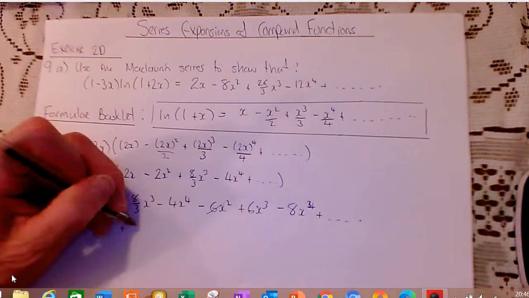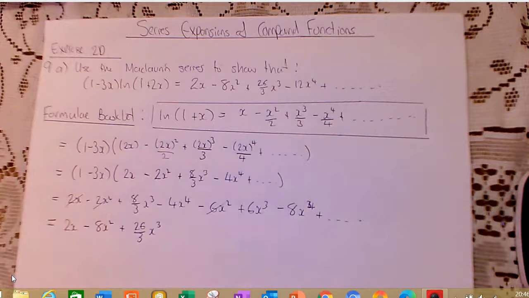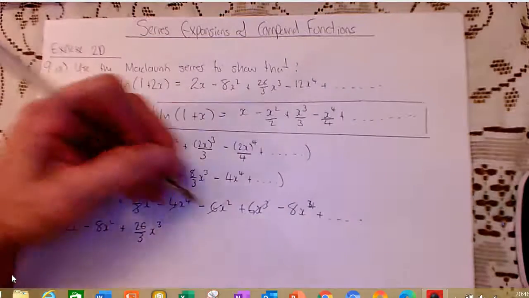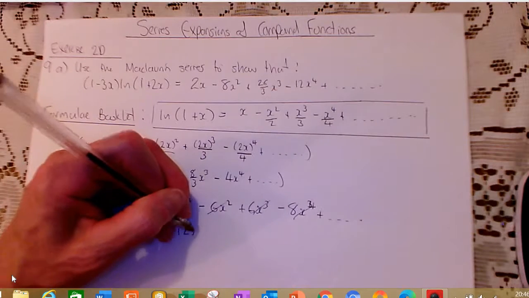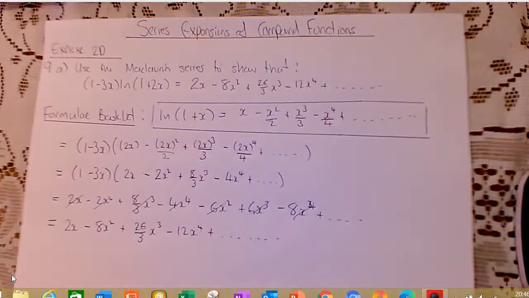So there's my 26/3 of x cubed. You get the idea. And there's my minus 4x to the 4 minus 8x to the 4. I think I've dealt with everything there, haven't I? So minus 12x to the 4. Okay, so that's that first one.